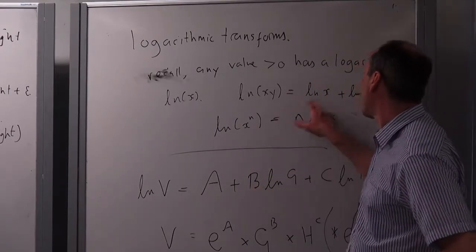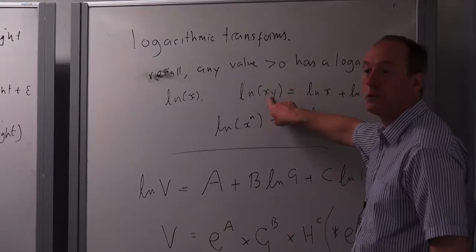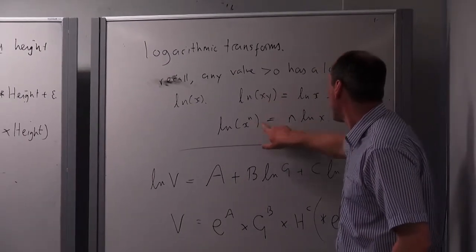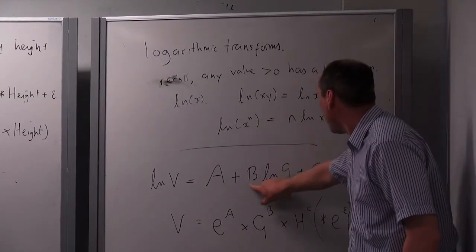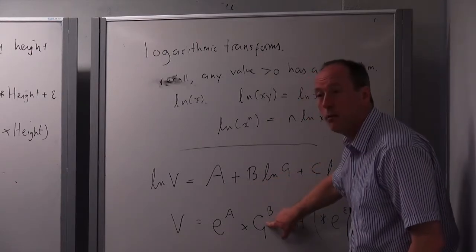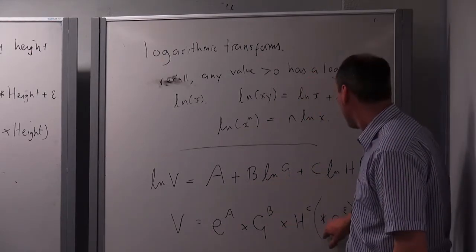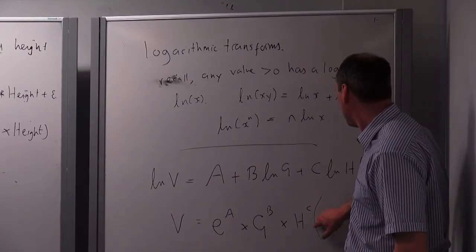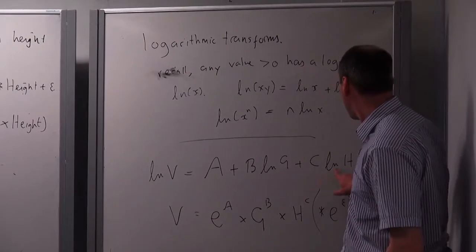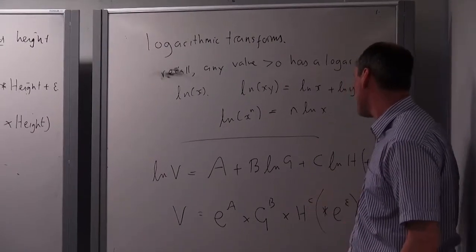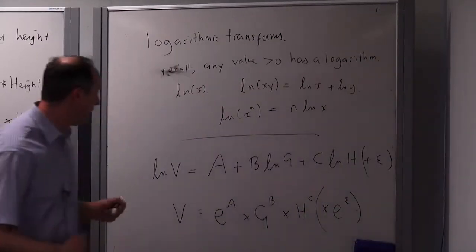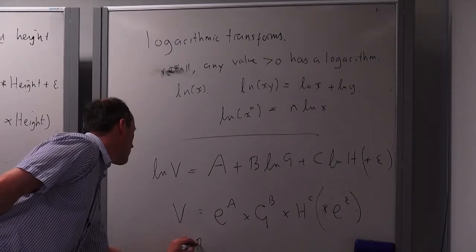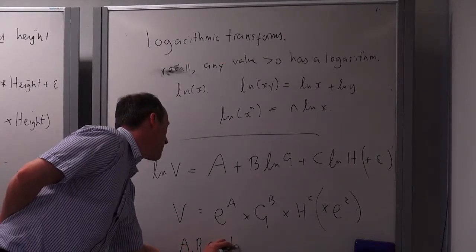Because adding the logs corresponds to multiplying the numbers, and powers correspond to multiplication. So that b log g turns into g to the power b. And this c log h turns into h to the power c, where a, b, and c are to be estimated.